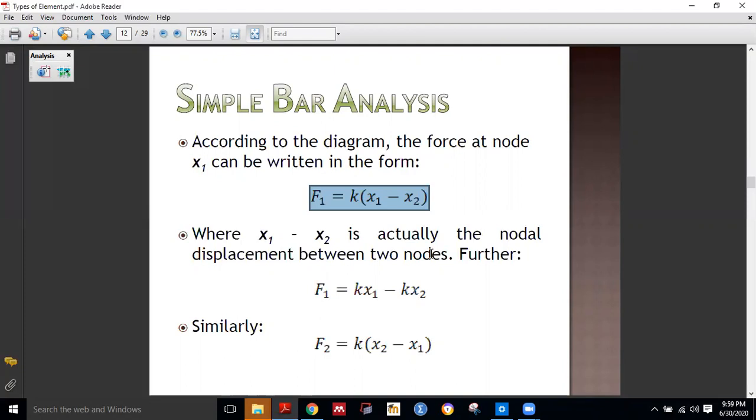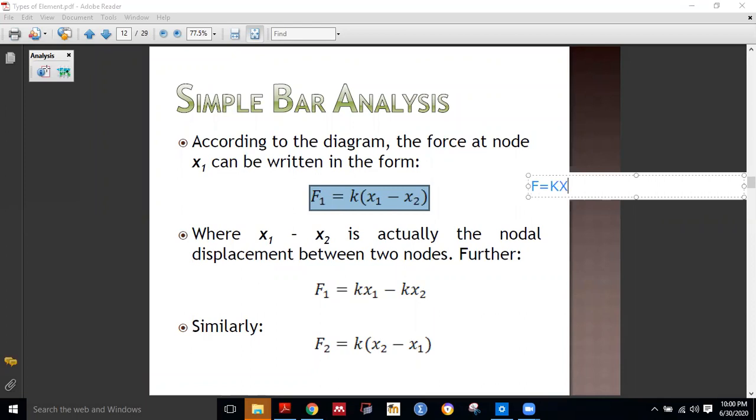So if we have to calculate the force one, according to our formula, F is equal to Kx. So I will type here the basic formula. F equal to Kx.